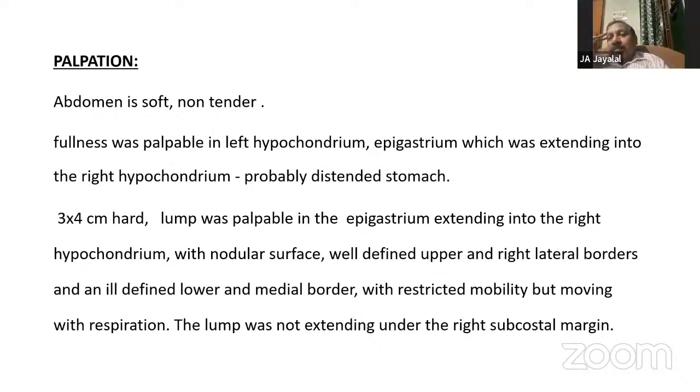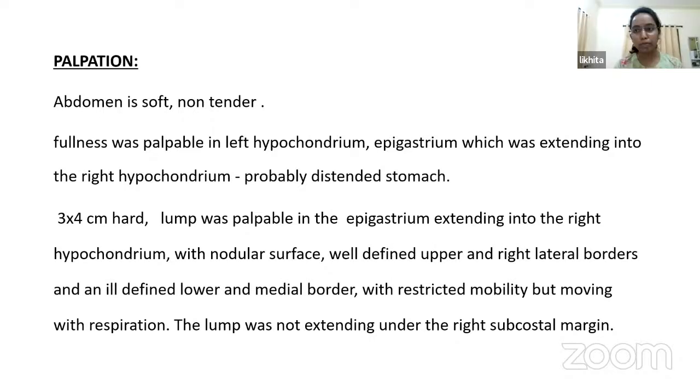Based on 4 planes, the upper left region is between the left mid clavicular line, the vertical line, and the horizontal plane, which is the transpyloric plane, sir. So how much area is there in the left hypochondrium for you to palpate a mass?